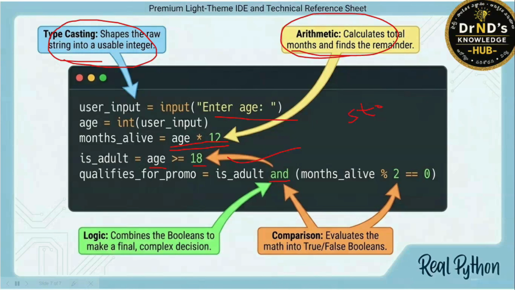This single example demonstrates the complete workflow of a Python program. Receive user input, convert it into the correct data type, perform calculations, compare values, combine conditions, make a final decision.